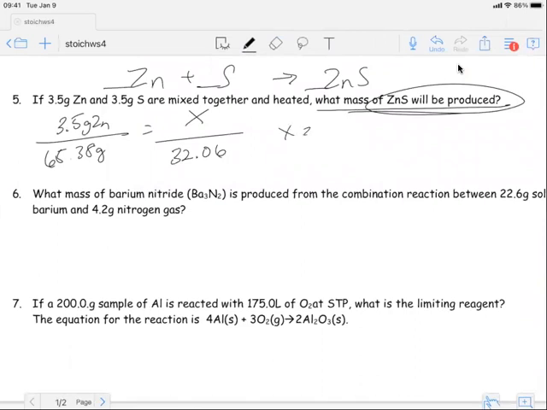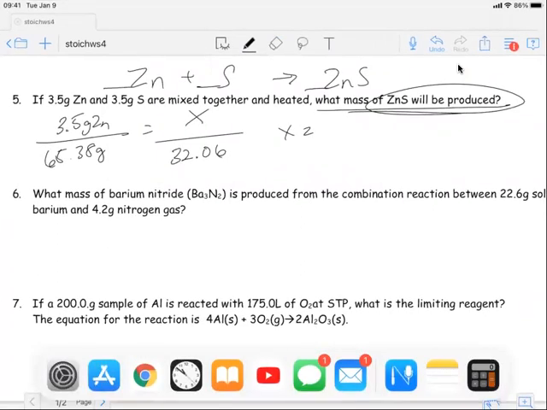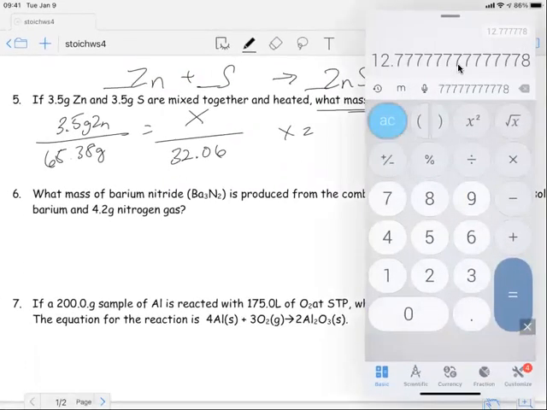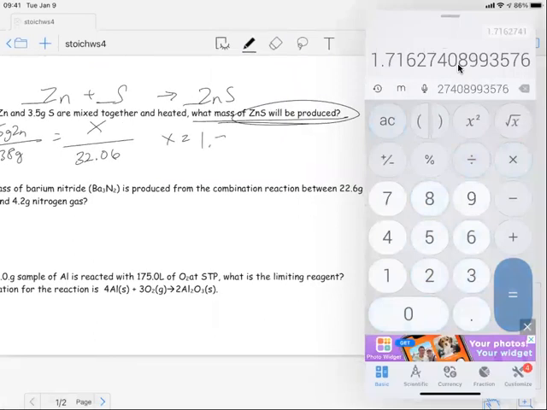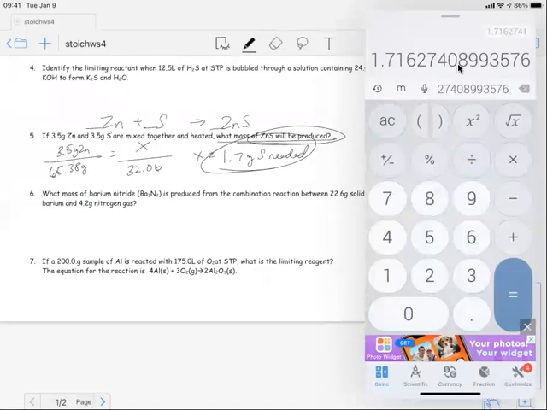So X equals, calculator, here we go, 3.5 times 32.06 divided by 65.38. And I get 1.7 grams of sulfur needed. Now, I have 3.5, so sulfur is in excess.